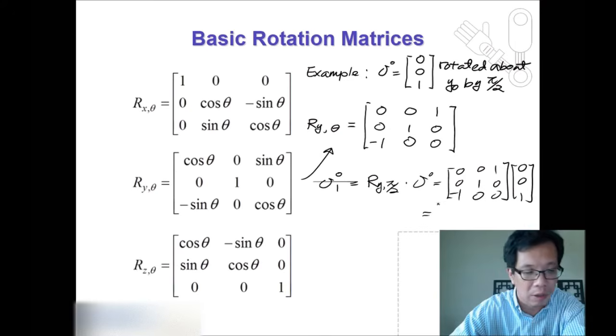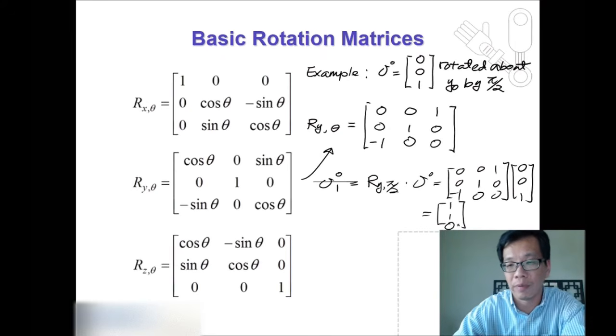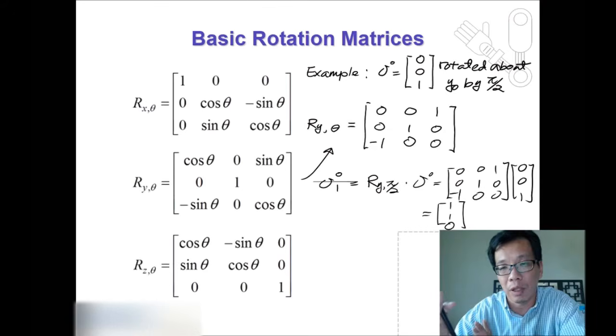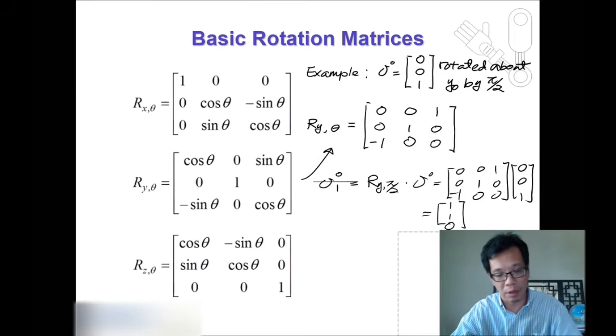Then you're going to get your answer equal to 1, 1, 0. So this is how we deal with the transformation when we are dealing with rotating along a specific axis. This is something we're going to deal with.